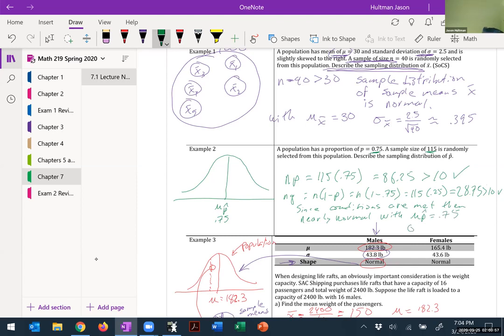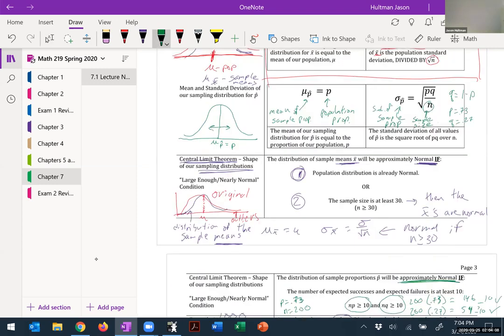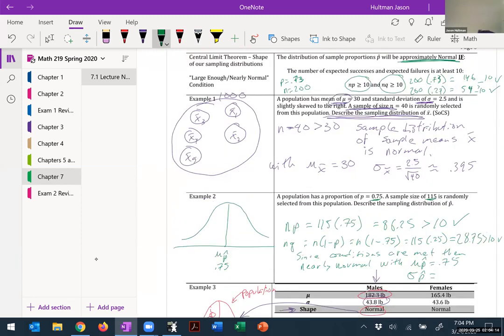And then what's sigma of p hat going to equal? Well, we have to go back to that formula. Sigma p hat is the radical of p times q over n. So radical of 0.75 times q, which is 0.25, over n, and n is 115.